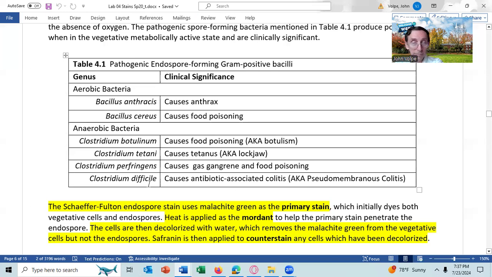With C. diff, a patient in the hospital can get C. diff, and to treat the patient, you have to treat them twice because C. diff can make an endospore which will survive antibiotic treatment. What you do is you treat the patient, killing off the vegetative cells, but the endospores can survive the antibiotic treatment.